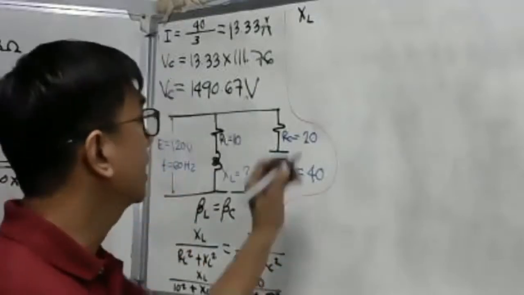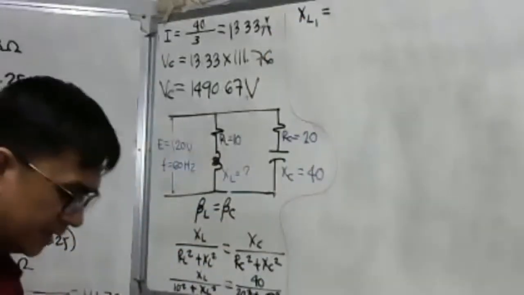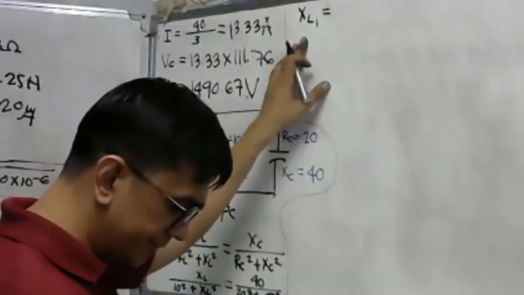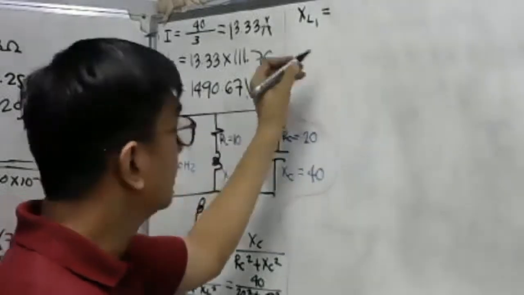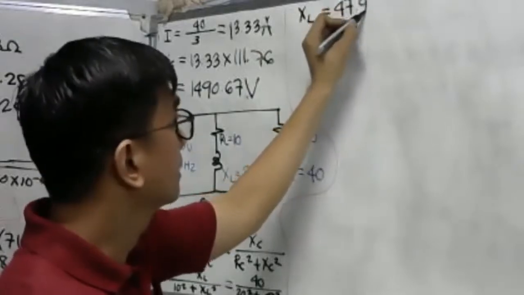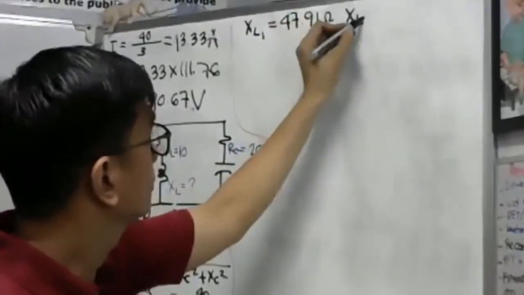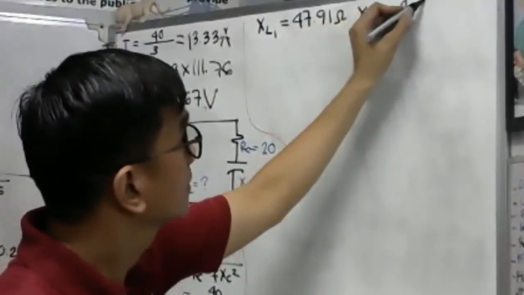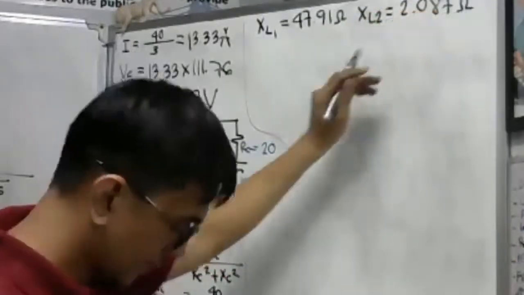There will be two values, XL1 and XL2. XL1 is 47.91 ohms. XL2 is 2.087 ohms.